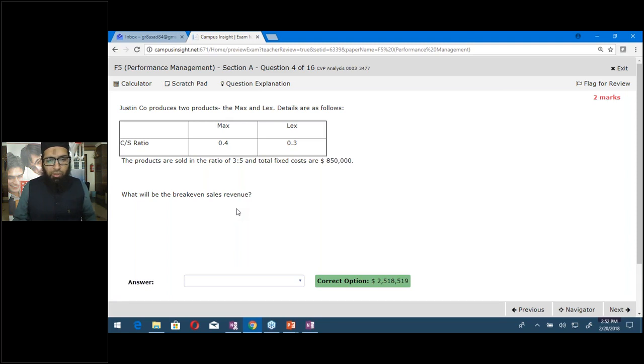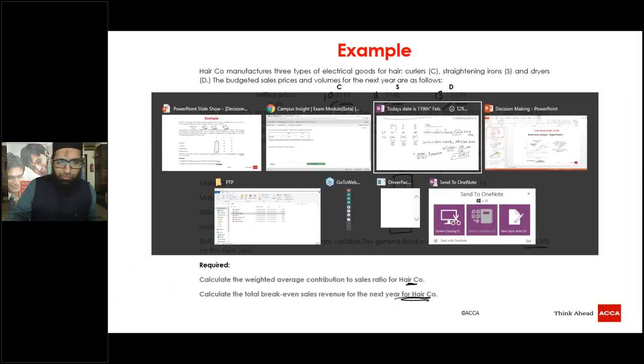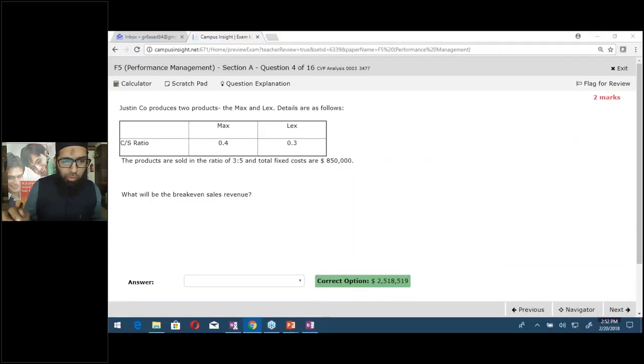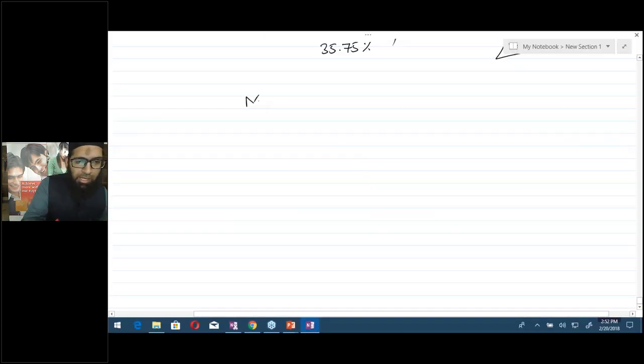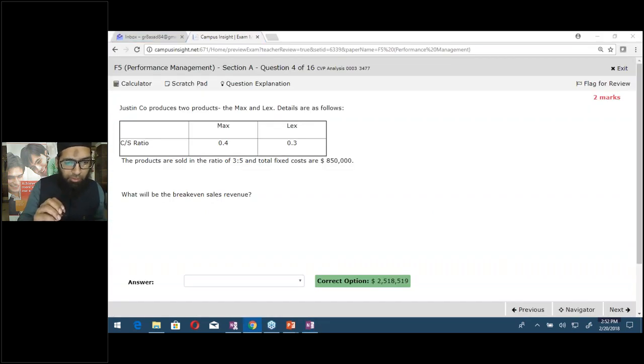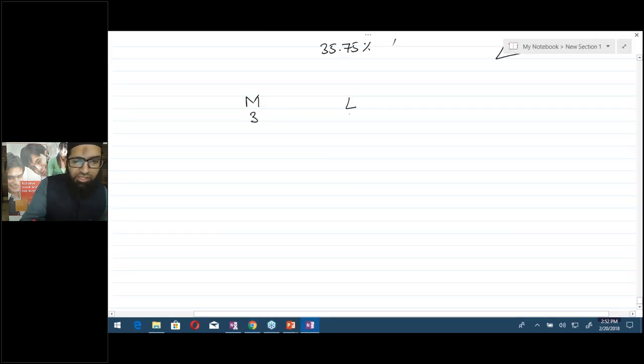Now, to calculate the break-even point in sales revenue, in the question we have 2 products, Max, M, and L. Its proportion is 3:5. Now, to calculate the weighted average CS ratio, I require the selling price of a mix and the contribution of a mix.